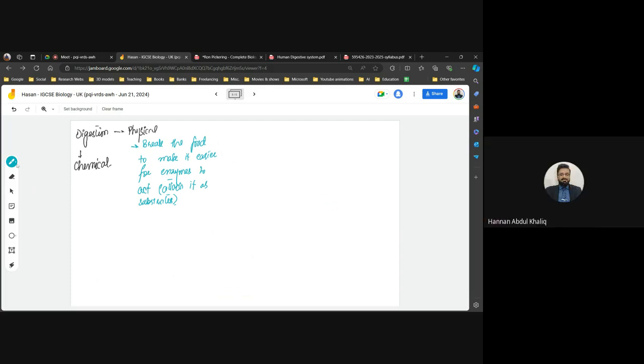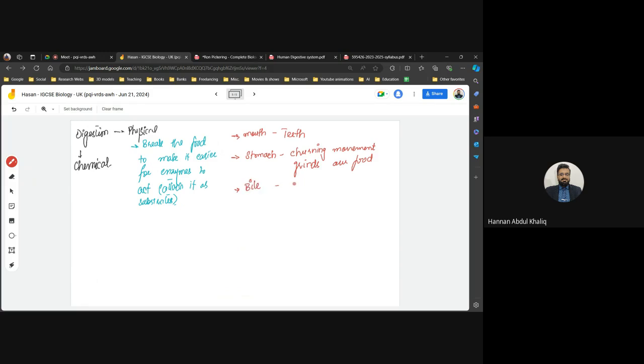Physical digestion basically occurs in three parts of our bodies. Number one, the mouth, in which the teeth are used. The stomach, where the churning movement basically grinds our food. And third is the bile.